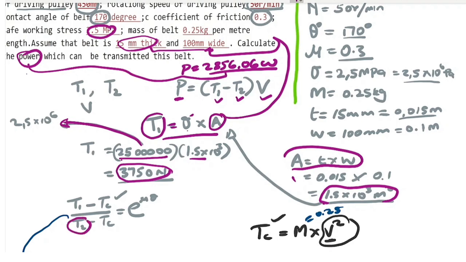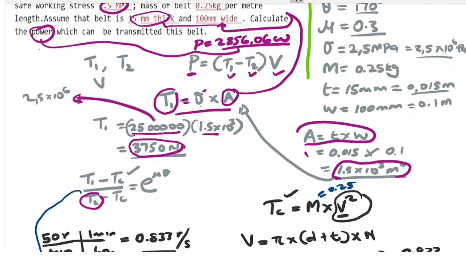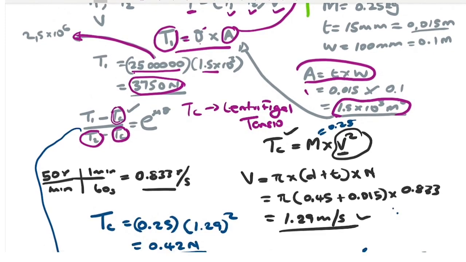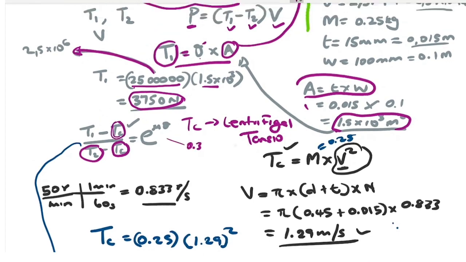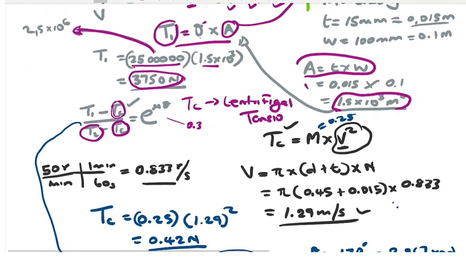So we use this formula to find the tension ratio here, but this formula involves the centrifugal tension, which is TC. The coefficient here is 0.3.